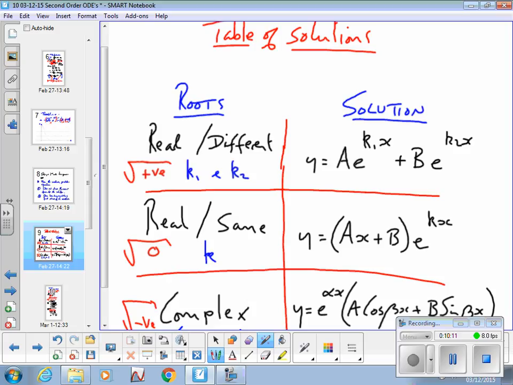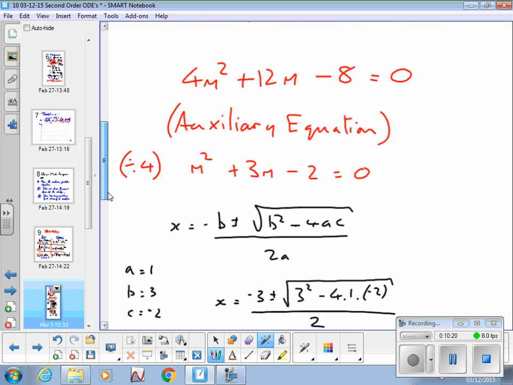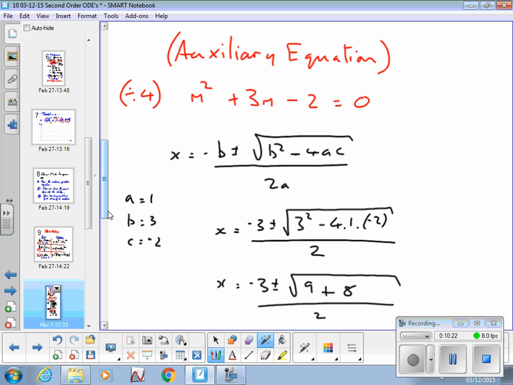And you get this solution if the square root is positive. So if we look at our example, this is going to work because when I work out this bit, this is the key part of our quadratic, if that's positive, I'm going to get a real answer, aren't I?